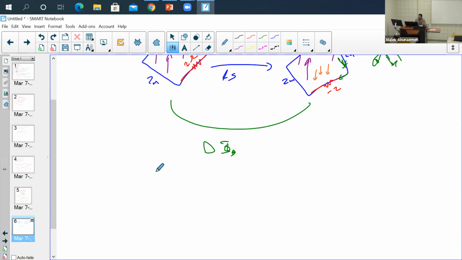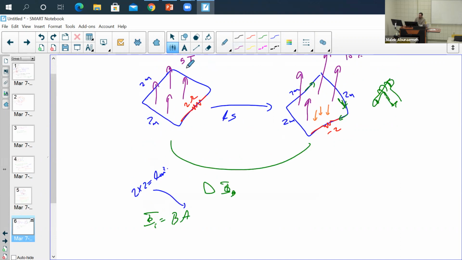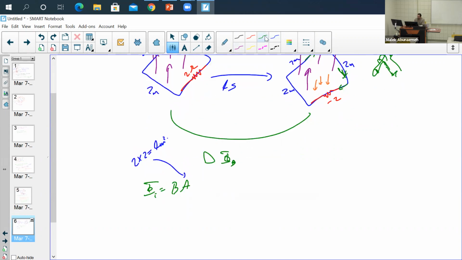So your initial flux is going to equal your magnetic field multiplied by your area. Your area in this case is 2 times 2, which is 4 meters squared, and our initial magnetic field is 5 teslas. So our initial flux is 5 times 4, which is 20 tesla meter squared.